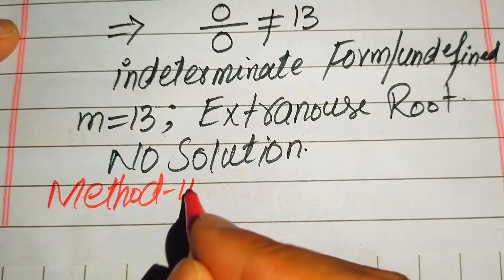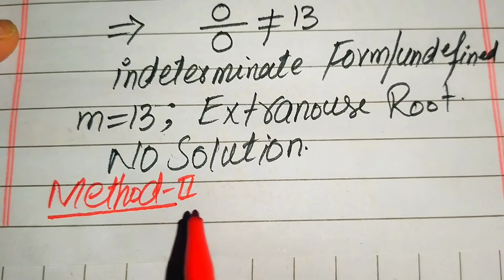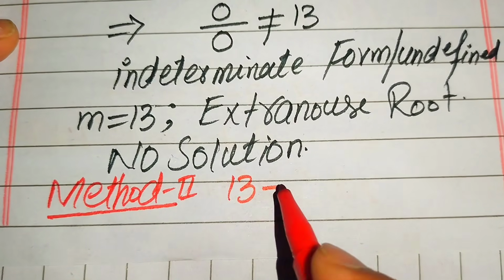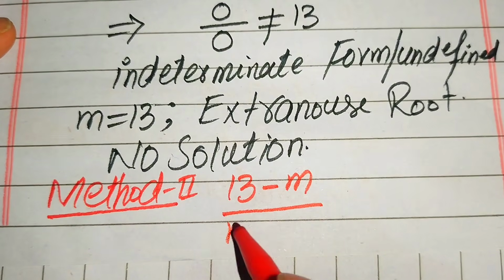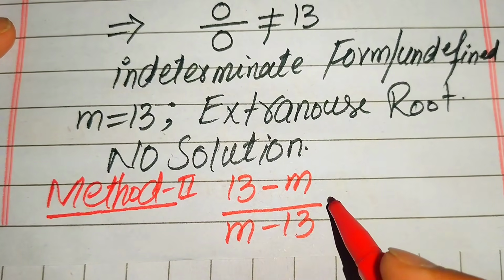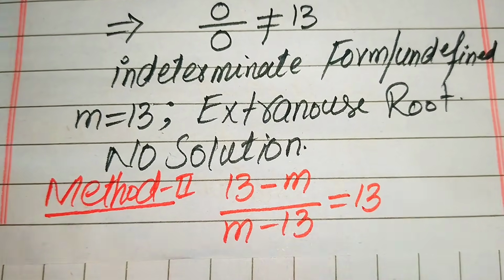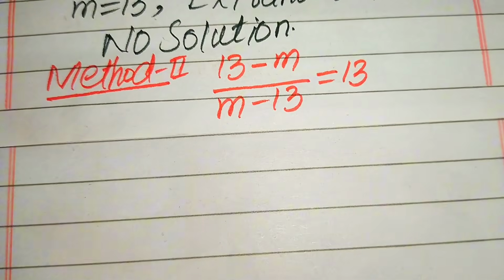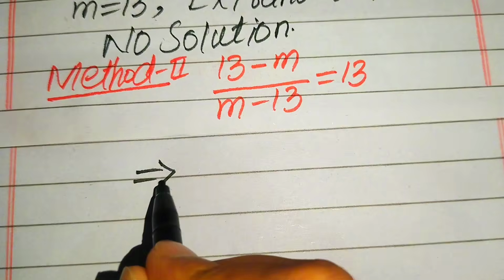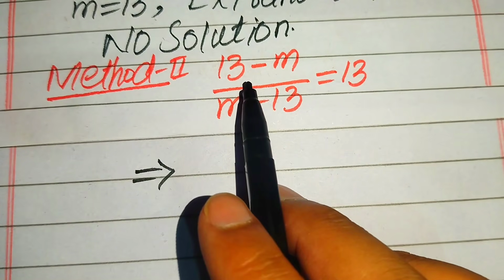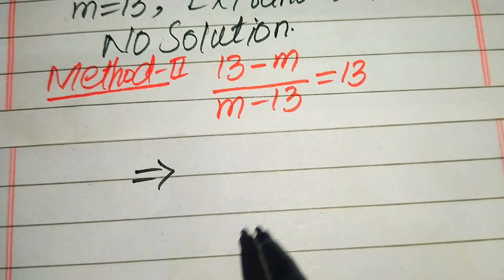For the second method, first we need to copy down the given question statement. Here it is (13 minus m) divided by (m minus 13) equals 13. In the second method, we focus on the numerator term, and in the numerator we take out a common negative sign.